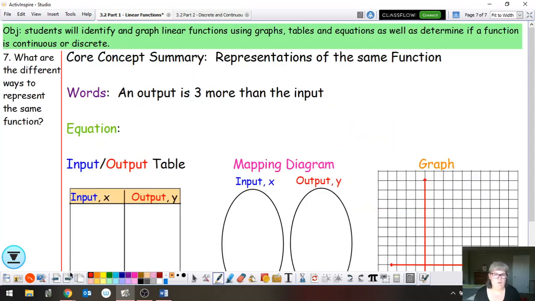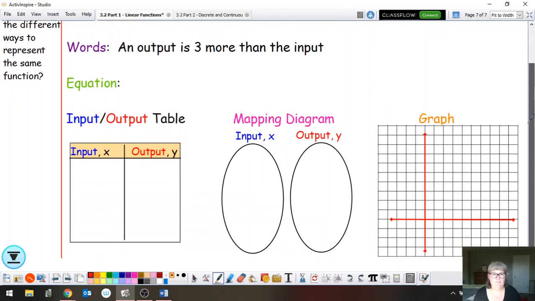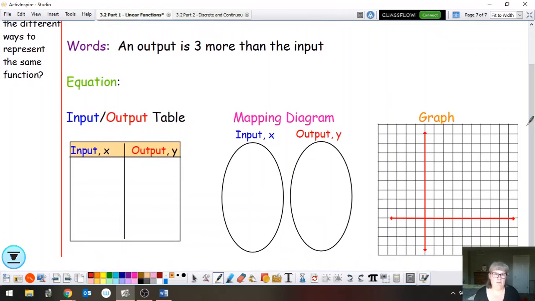So we now have seen 3 different representations that we can use to represent functions. So we have in words, an output is 3 more than the input. Remember, the output is the y, and the input is the x.